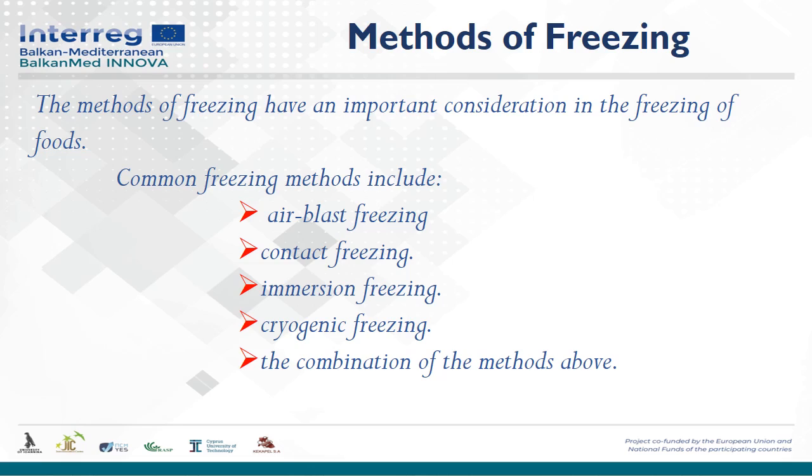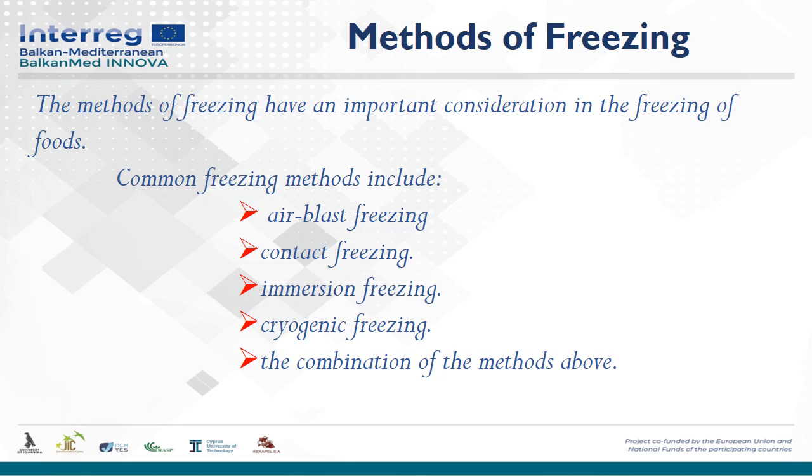For cooling uniformly sized fruits, vegetables, and other products, a simple version of mechanized freezers is used. For smaller uniform products such as peas or carrots cut into small cubes, fluid bed freezers are used.